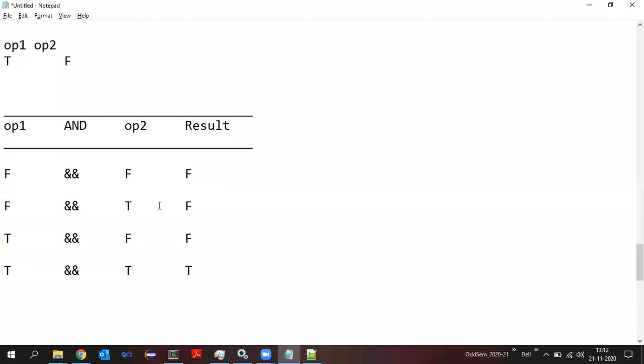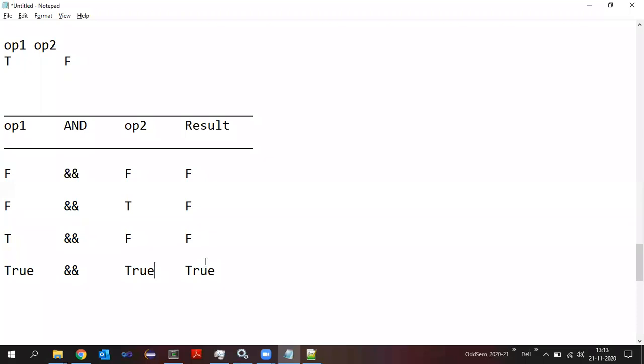What you have to understand here is to focus on this particular row. Logical AND, pay attention now. Logical AND gives the result as true when both its operands are true.